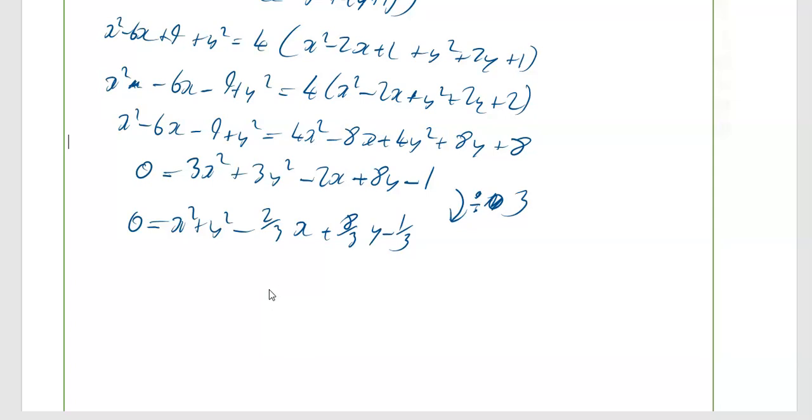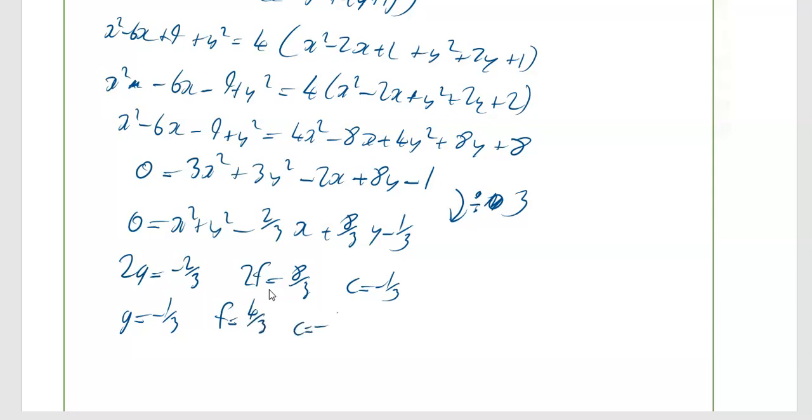So here my 2g is equal to −2/3. My 2f is equal to 8/3, and my c is equal to −1/3. So g itself is equal to −1/3, f is equal to 4/3, and c is equal to −1/3. So we're good to go.